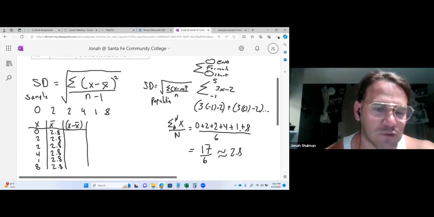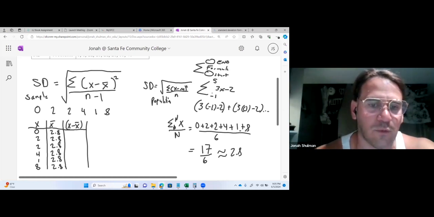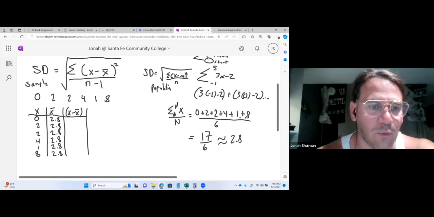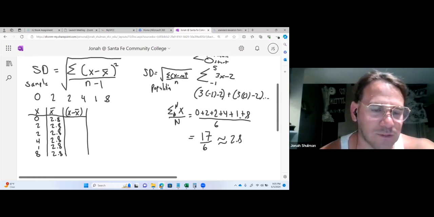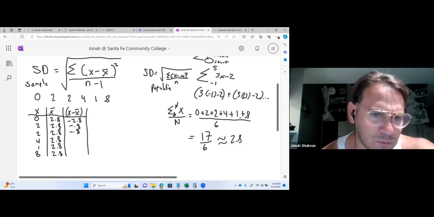All right, so we have to subtract all these. 0 minus 2.8 is negative 2.8. 2 minus 2.8 is negative 0.8. 2 minus 2.8 is negative 0.8. 4 minus 2.8 is a positive 1.2. 1 minus 2.8 is going to be a negative 1.8.